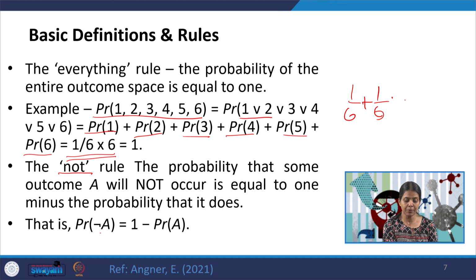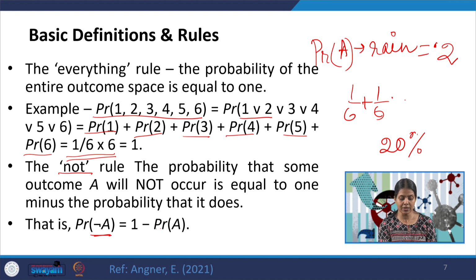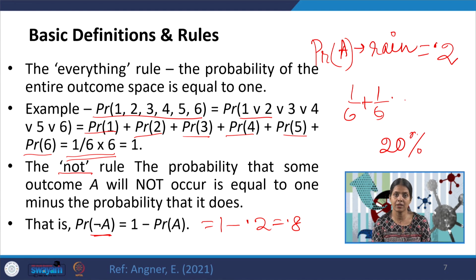So, we would be writing it like this: probability not A is 1 minus probability A. For instance, if I think that today there is 20% possibility of raining, and A is rain, then the probability of A, according to my opinion, is 20%, that is 0.2. Probability of not rain would be 1 minus 0.2 equals 0.8. So, there is 80% chance that it will not rain today.